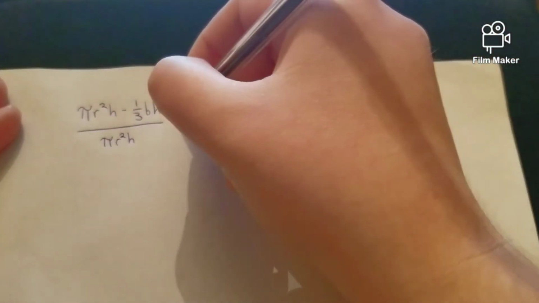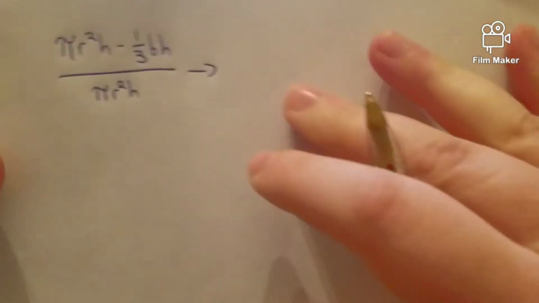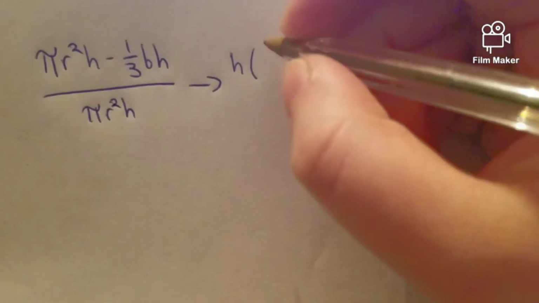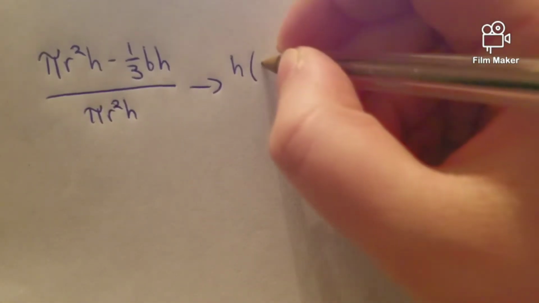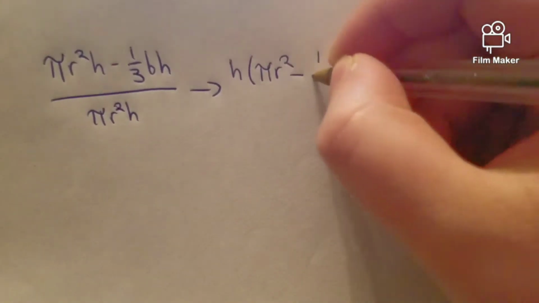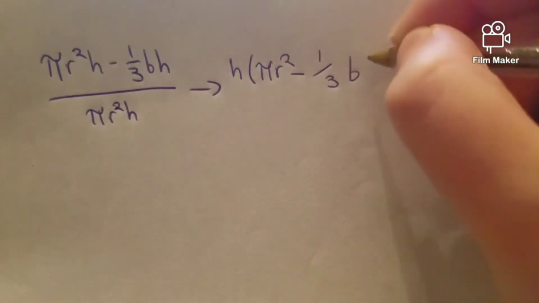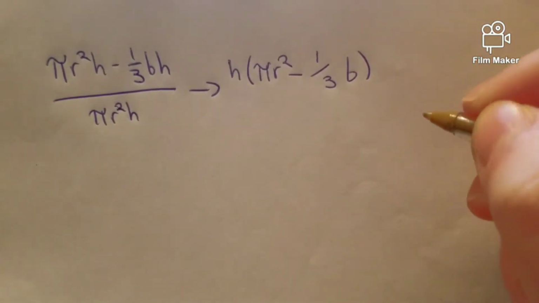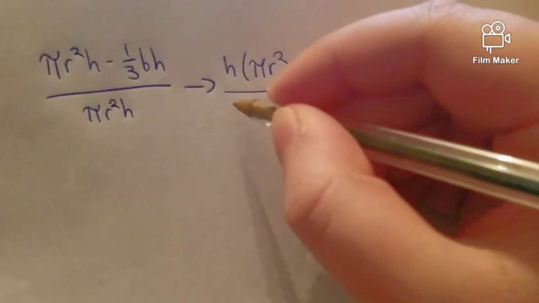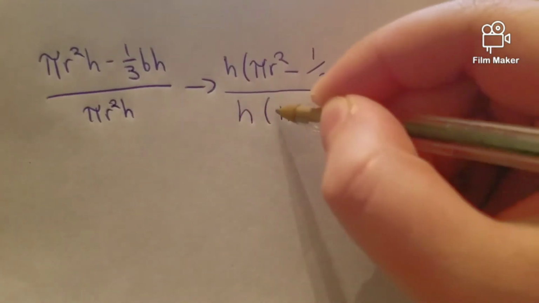So now we have to factor out an h from the top as well as the bottom. Since h, or the height, is common in all three terms, we are able to factor it out. On the top, once we've taken out the h, we're left with h times, in parentheses, pi r squared minus 1/3 of the base, all over pi r squared.